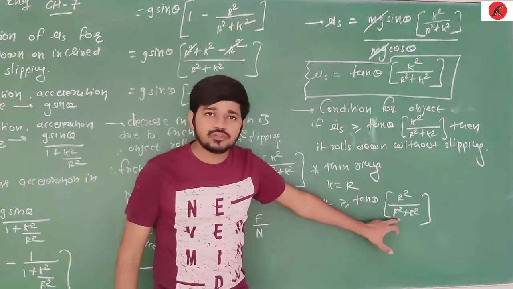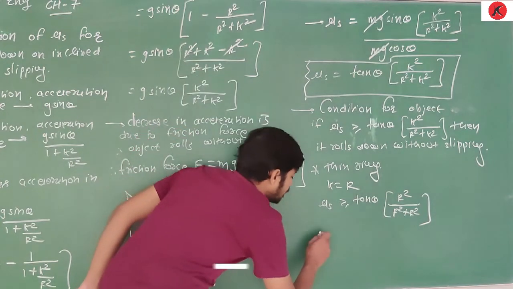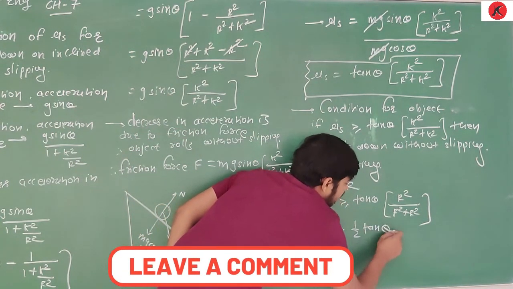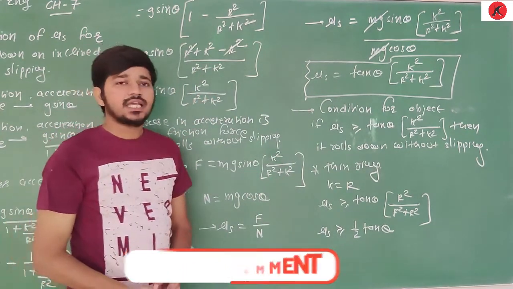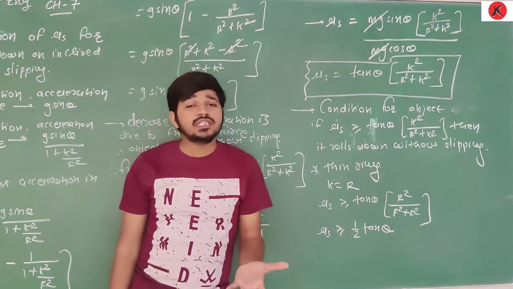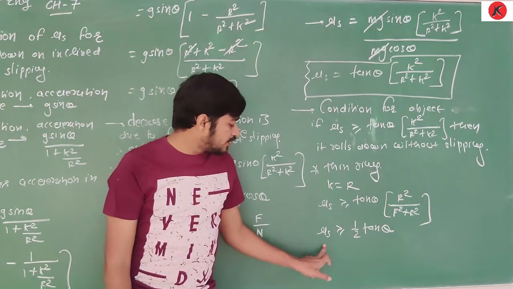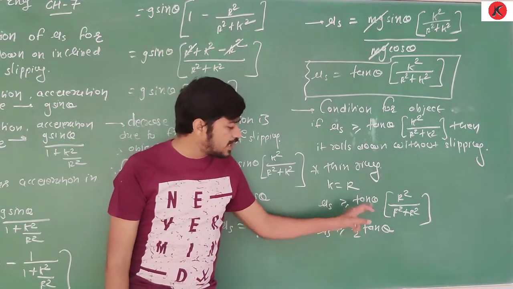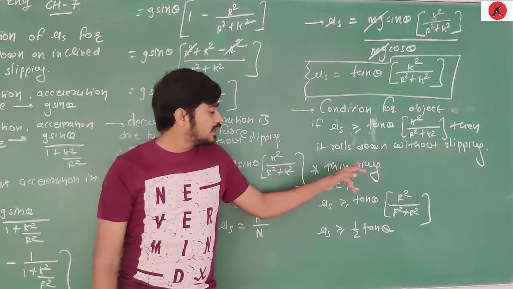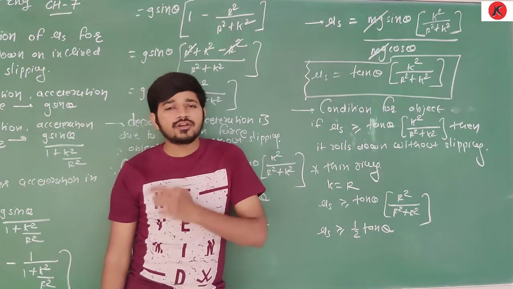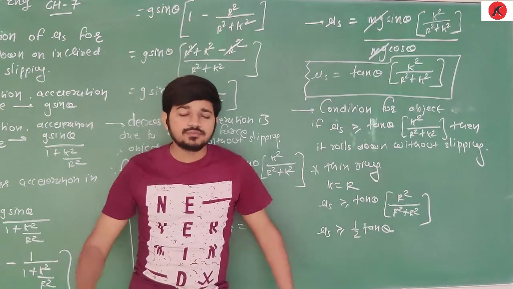R square cut, so it is only 1 by 2. So mu s is greater than or equal to 1 by 2 tan theta. It means if you are given angle theta and the coefficient of friction, and mu s is greater than or equal to 1 by 2 tan theta, then the ring rolls down without slipping. Otherwise, the ring will slip. Simple.